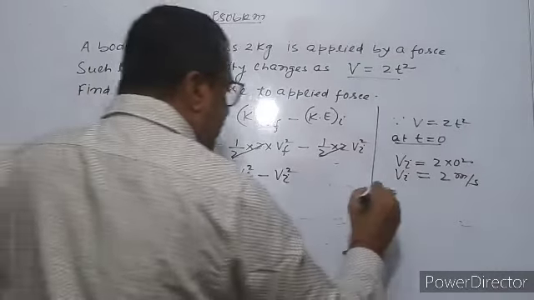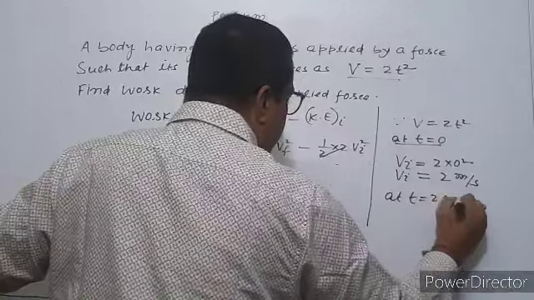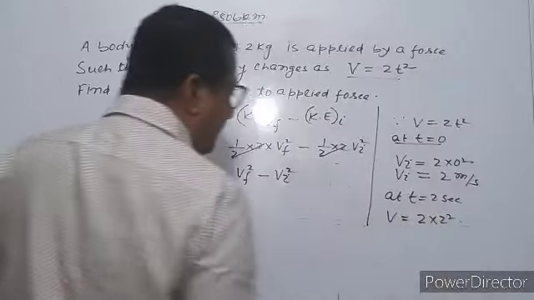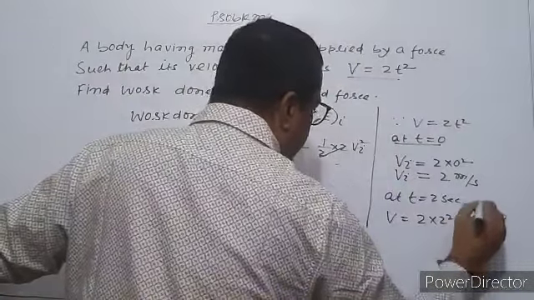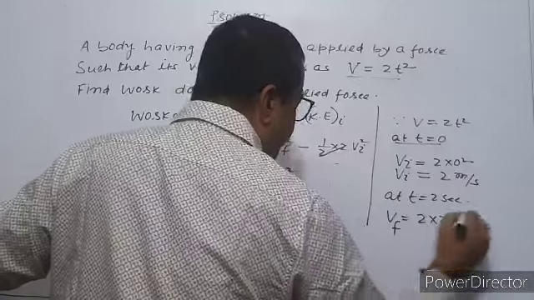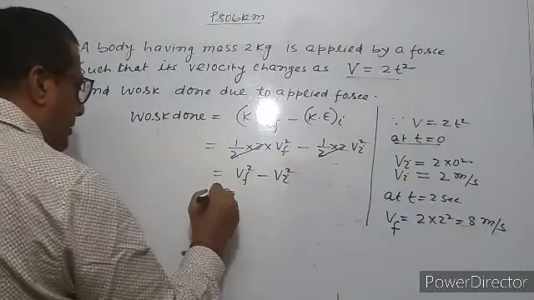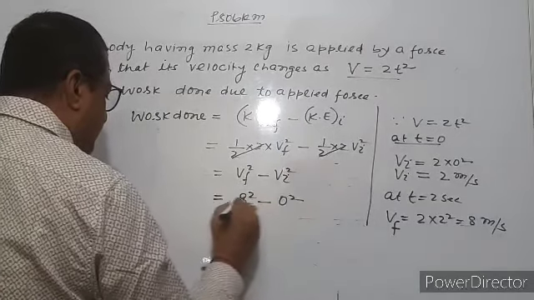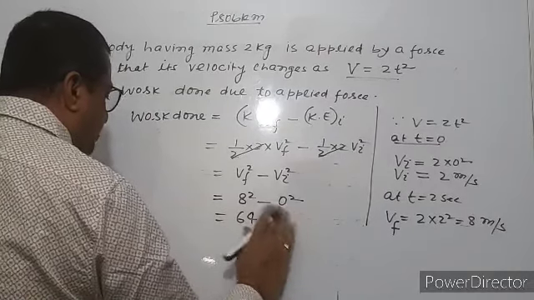At t equal to 2 second, v equal to 2 into 2 square, 2 square is 4, 2 fours are 8, that is final 8 meter per second. So we put the value here, final 8 square minus 0 square, that is equal to 64 joule.